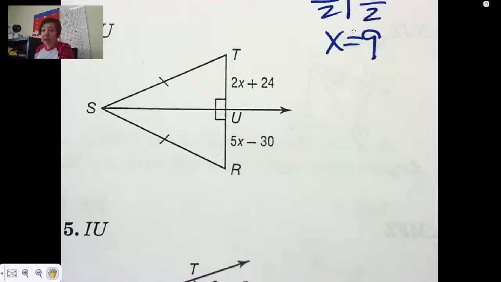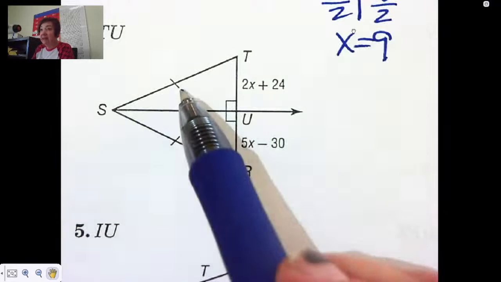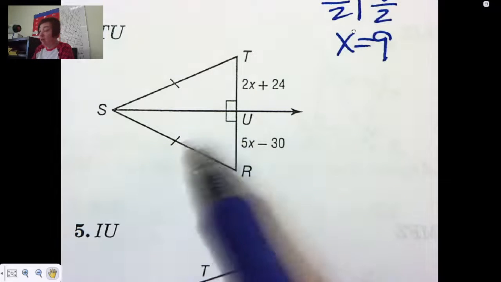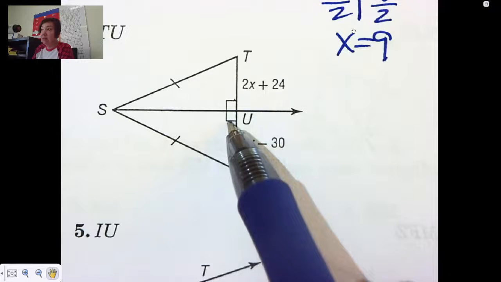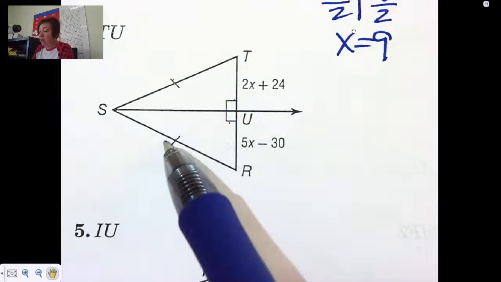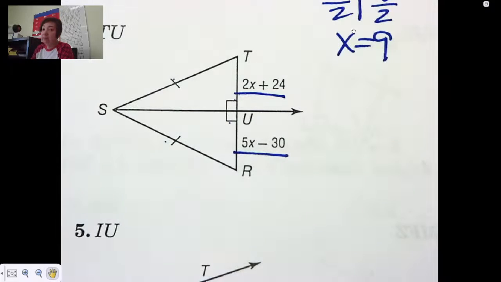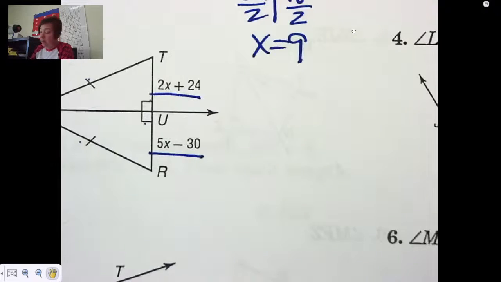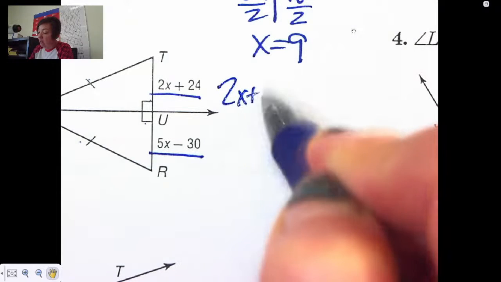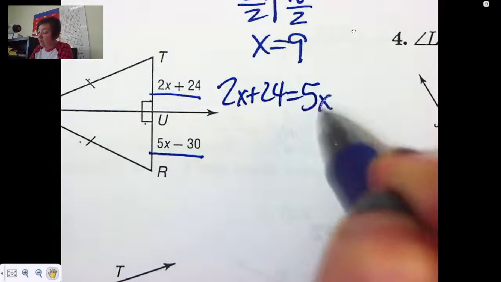TU. Now, notice here, they did give us that these are congruent and that these are 90 degrees. So by giving us that these are congruent and these are 90 degrees, what does that tell us about these two segments? That they're equal. So that's going to be 2x plus 24 equals 5x minus 30.